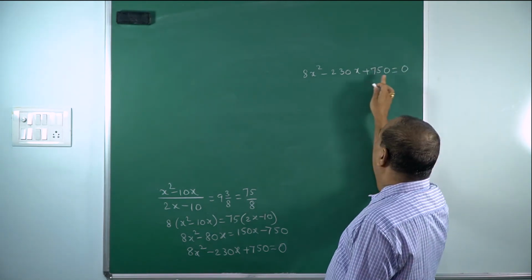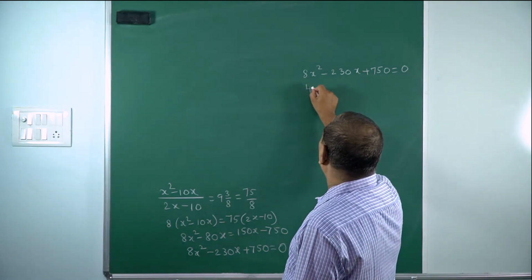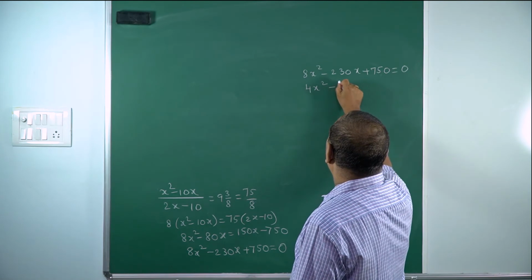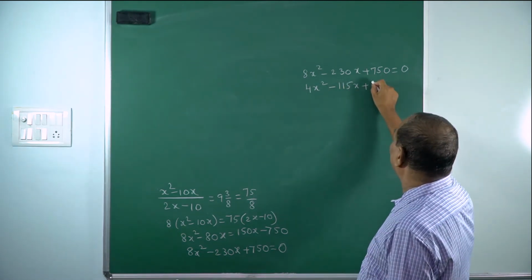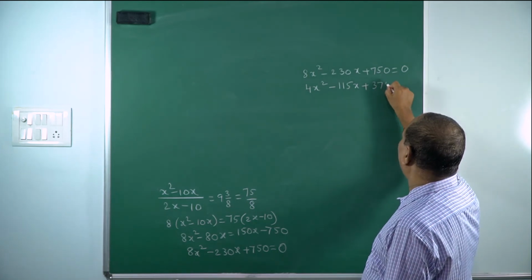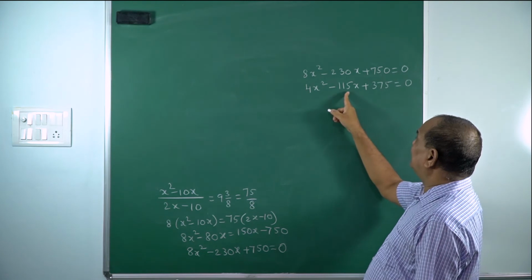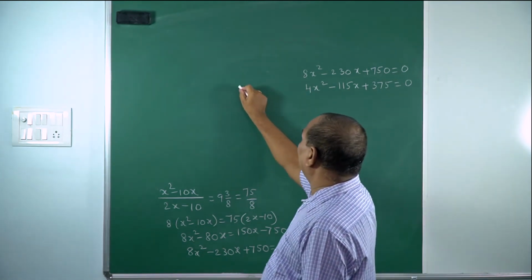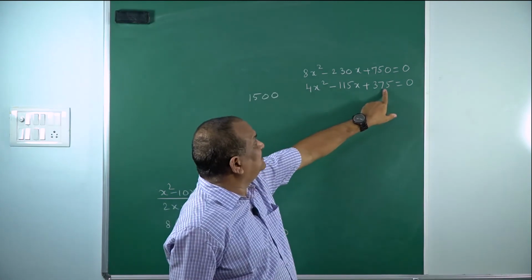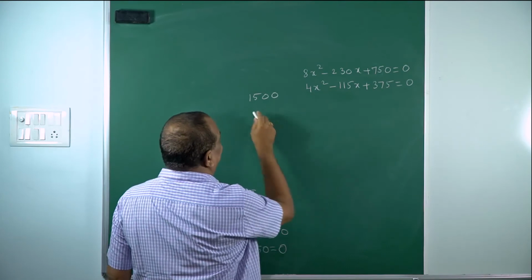Let us cancel 2 throughout because all of them are even numbers. This is 4x square minus 115x and half of this, of course, 375 equals 0. Now you have to get this one. What is the product? 4 into 375 is the product. 4 times 375 is 1500, and I can easily see this one, of course.